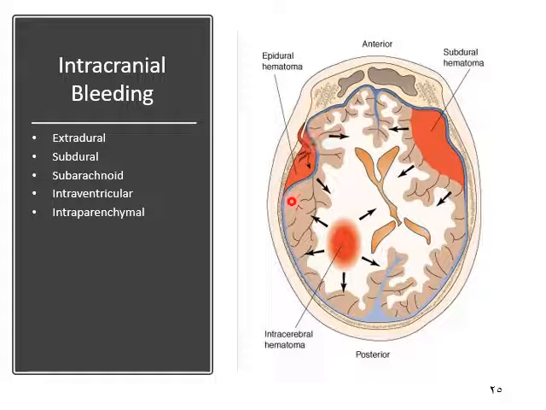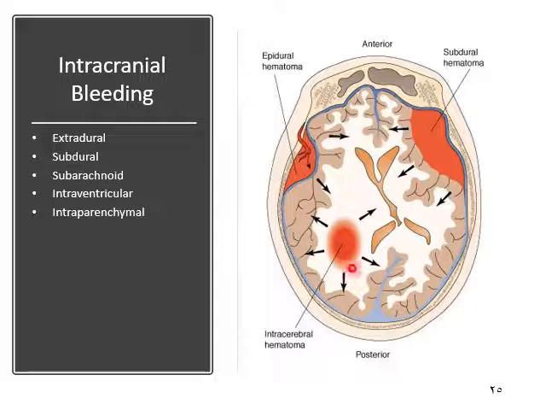This is the dura. Okay, so if the bleeding is outside the dura, it is extradural or epidural. If it is under the dura, between the dura and the brain, it is called subdural.